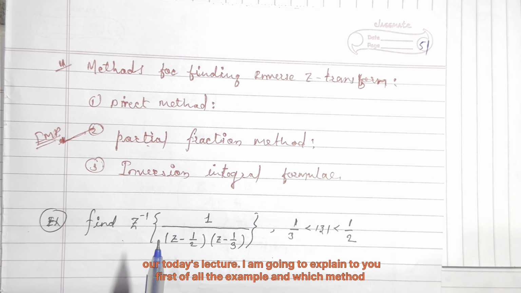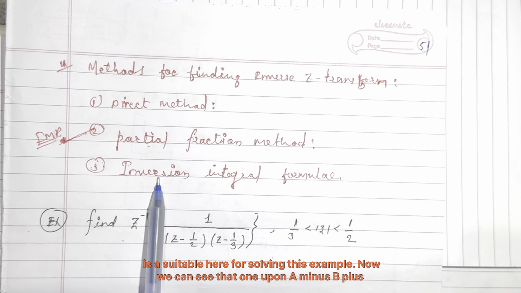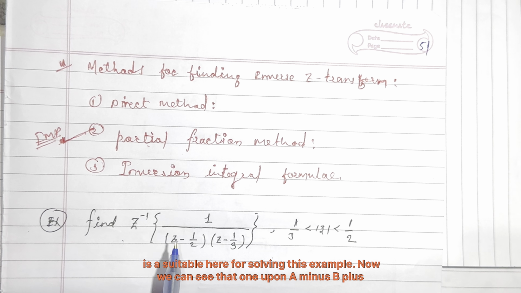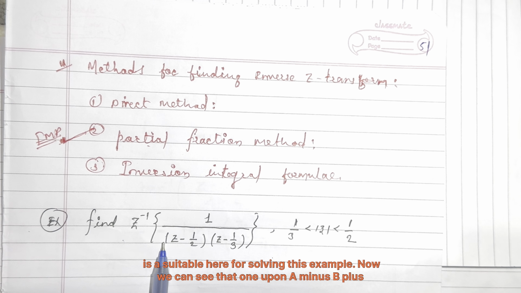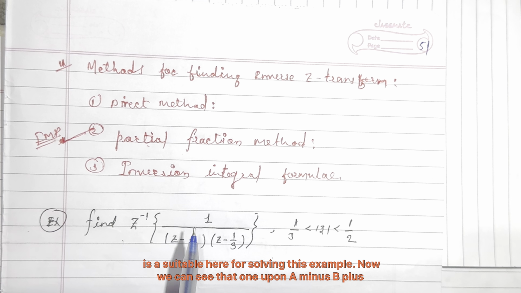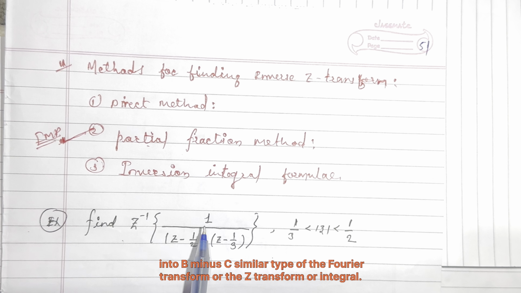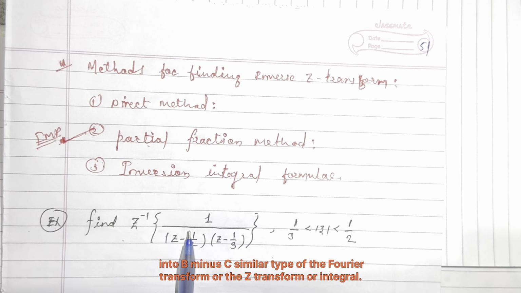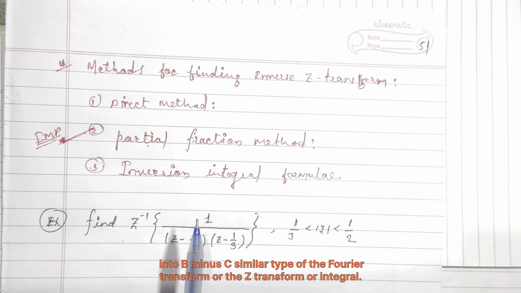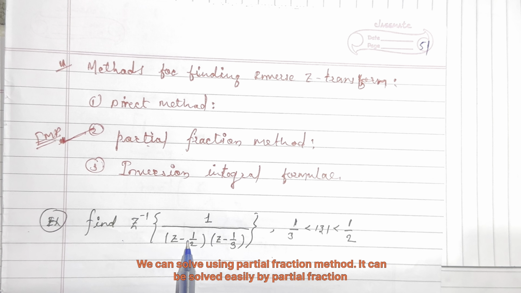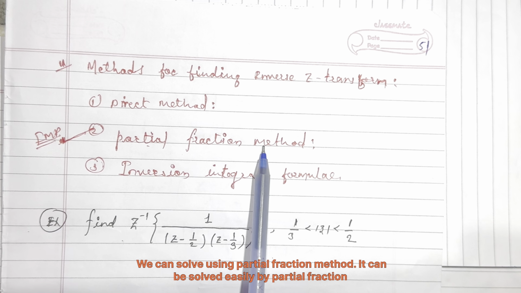I'm going to explain the example first, and which method is suitable for solving it. We can see 1 upon (a minus b) into (b minus c). A similar type of Z transform or integral can be solved using the partial fraction method.